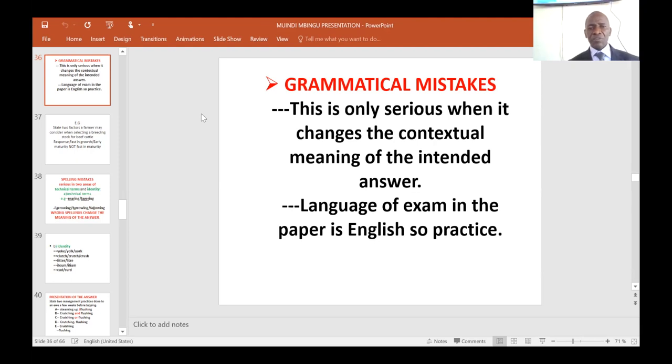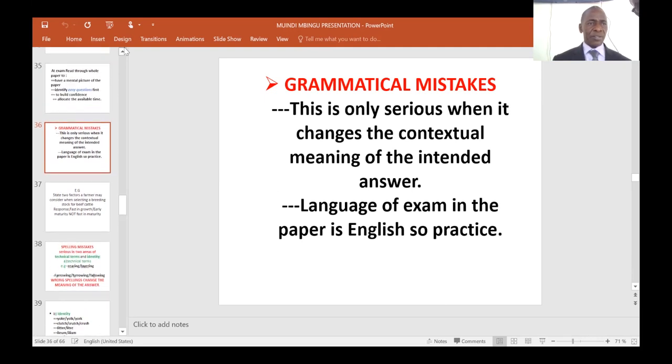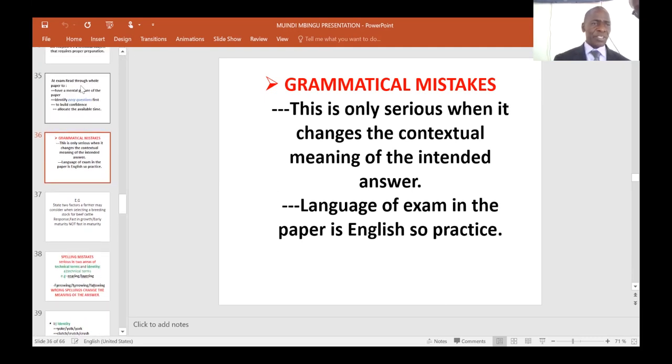Samsung, default speakers change to Samsung. It's disappeared. No, the slide has not disappeared. They simply say default speakers change to Samsung. That's okay. Okay.